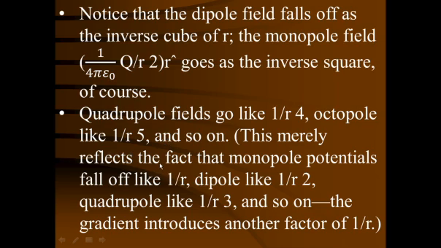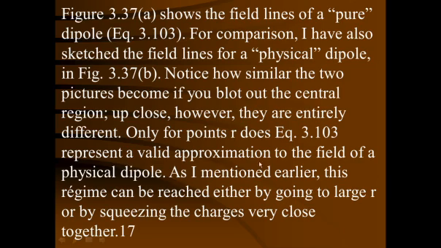This reflects the fact that monopole potential falls off like 1 upon r, dipole potential is proportional to 1 upon r square, quadrupole like 1 upon r cube and so on. The gradient introduces another factor of 1 upon r. That means the potential due to the monopole is proportional to 1 upon r, but the electric field is proportional to 1 upon r square. Dipole potential is proportional to 1 upon r square, but its electric field is proportional to 1 upon r cube and so on. So you can see that the gradient has introduced 1 upon r.